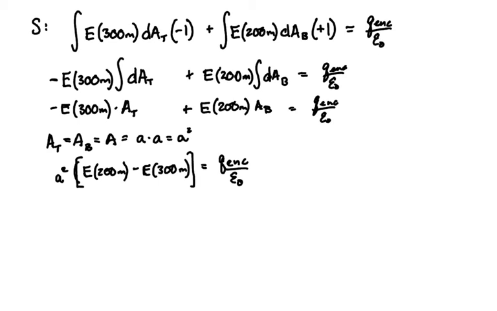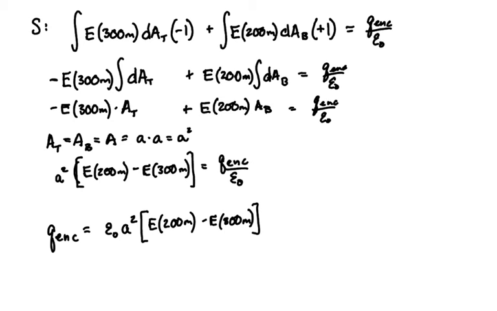Now, if we're solving for the enclosed charge, then we need to multiply both sides by the permittivity of free space, such that the enclosed charge is equal to the permittivity of free space times the area of each of our surfaces times the difference in our electric fields at the different heights. There is our algebraic solution.